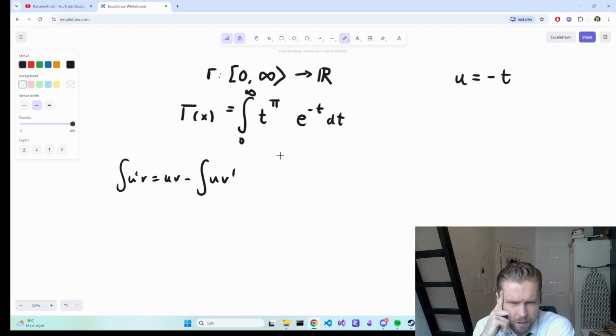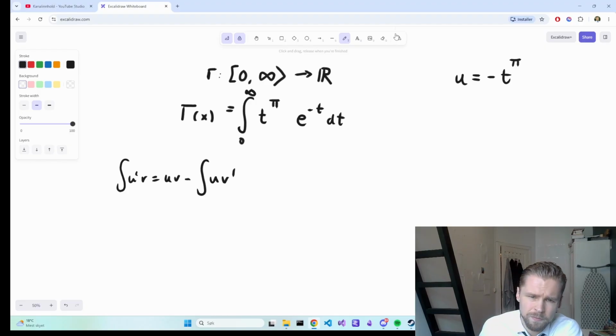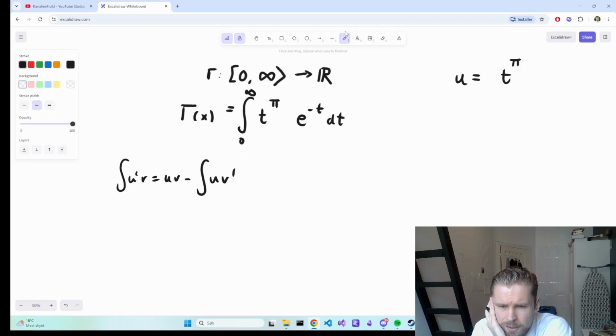There's no way of rewriting this, is there? If we have this... no, because this would be actually this whole thing. Now if I derivate it, it would be just, wait, let's say that it would just be pi t and whatever.